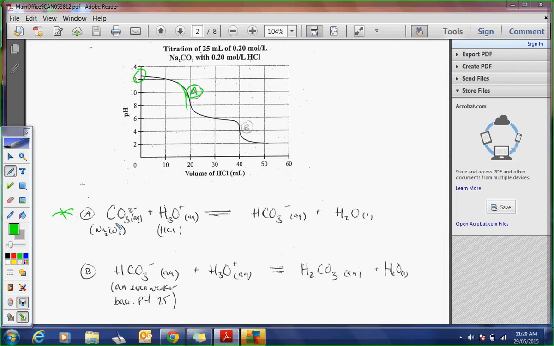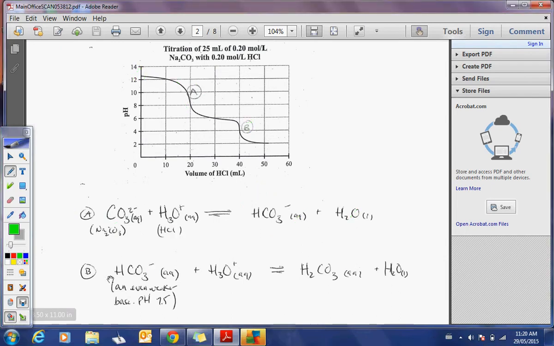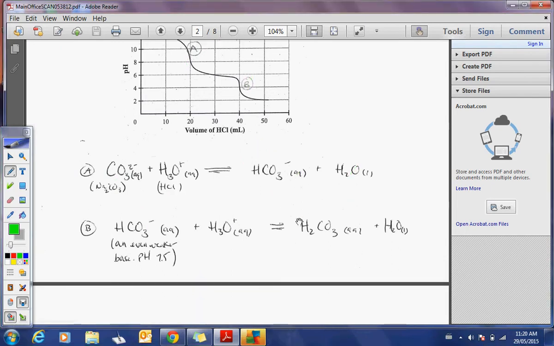So here's the CO3 2- accepting 1 proton and getting HCO3- and water, just 1 proton. And then at point B, I'm taking that product and adding in the second proton to get your final full compound. Does that make sense?